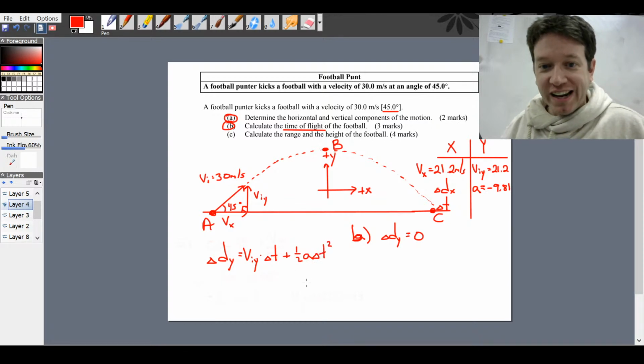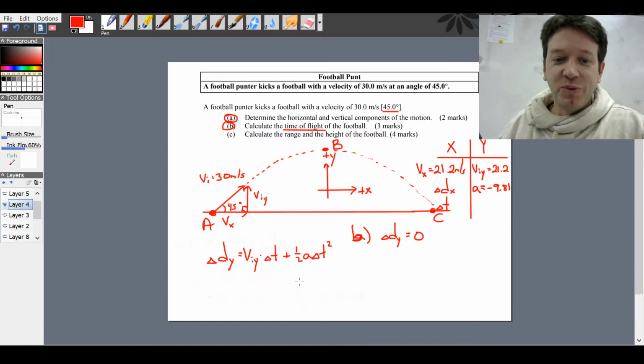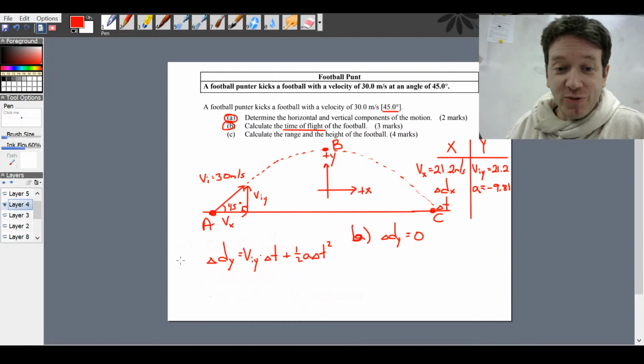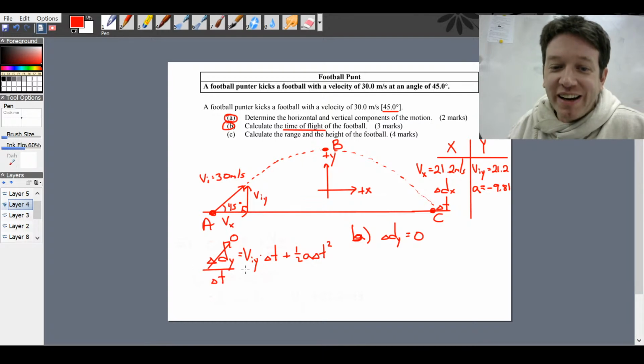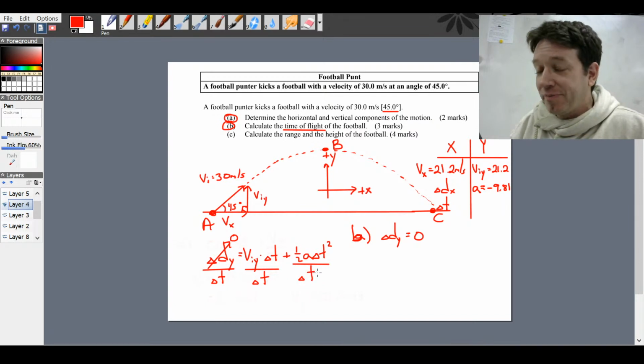Now it looks like a quadratic, and it is a quadratic, but luckily we won't need our quadratic formula because one of these 3 terms is 0. And then we can divide every term by time. The only reason why we're allowed to divide every term by time is because we know, without a doubt, time will not be 0, because you don't want to make that math error of dividing by 0.